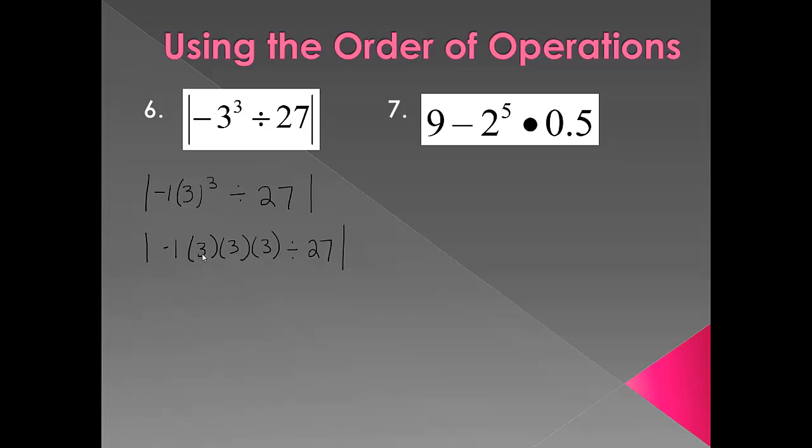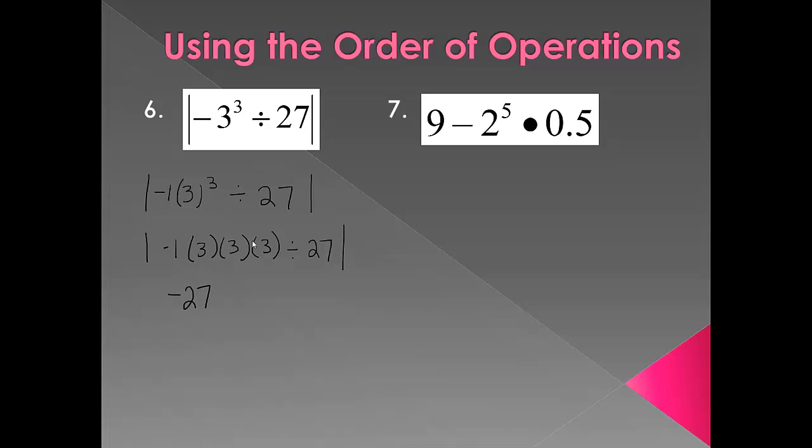Now we can go ahead and multiply. 3 times 3 would be 9, and 9 times 3 is 27, and 27 times the negative 1 would be negative 27. Since this is all a multiplication problem now, you don't have to worry about the order. So we could have just started with the negative 1 and said negative 1 times 3, and that'd be negative 3. And negative 3 times 3 is negative 9.